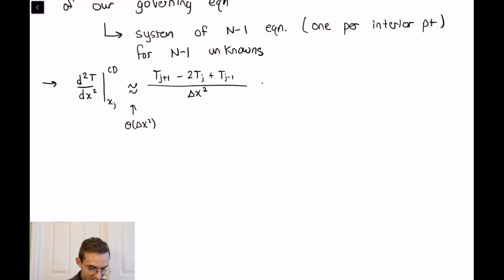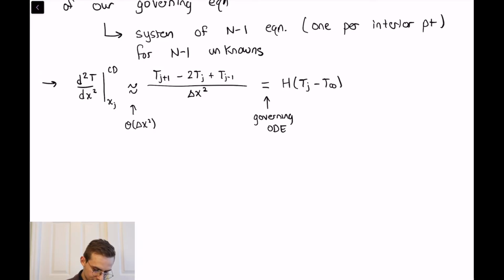And then we set this equal to h times (T_j minus T infinity), okay? And that equal sign is coming from the governing ODE, okay?